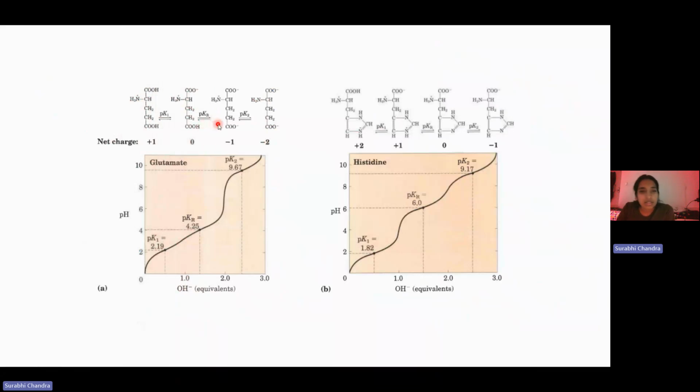Again, when OH minus is increased, this particular carboxyl group will donate its proton, and with further increase in OH minus, this NH3 plus will give away its H plus, thereby giving a net charge of -2 to the amino acid. So this will have more inflection points.